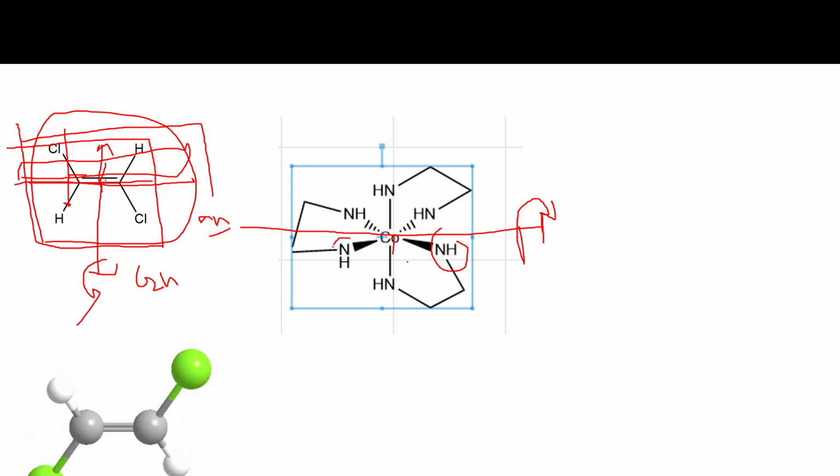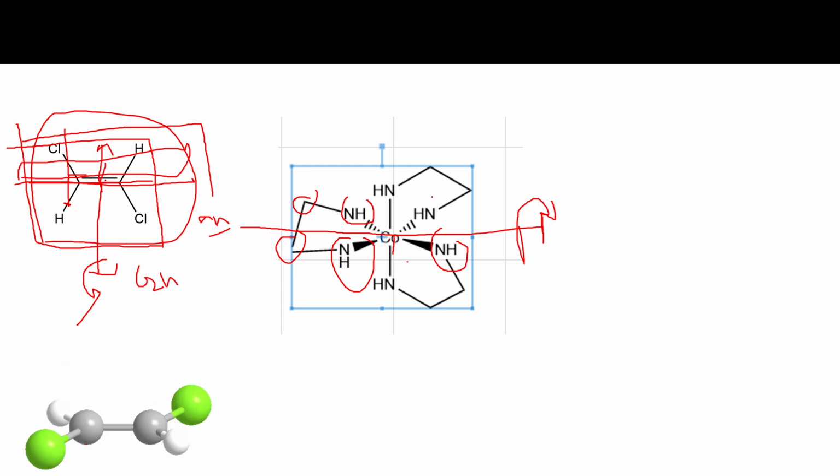Here also one NH goes down and one goes up, but this side is the same, so they are indistinguishable. So a C2 is possible from this side, also from this side, also from this side.